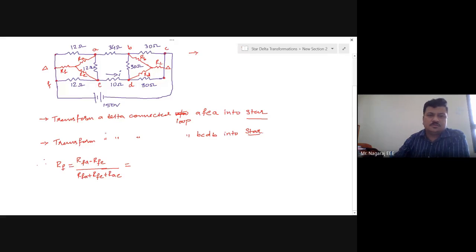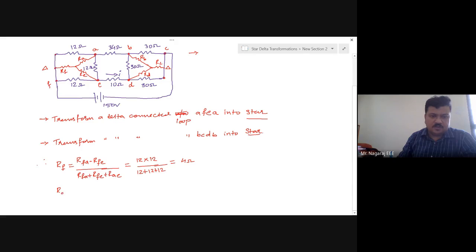Equals RFA is 12, RFE is 12. It is simple because all delta connected resistors have the same value. So it is 12 plus 12 plus 12, 3 into 12 in the denominator, 12 will cancel, 12 by 3 is 4 ohms.